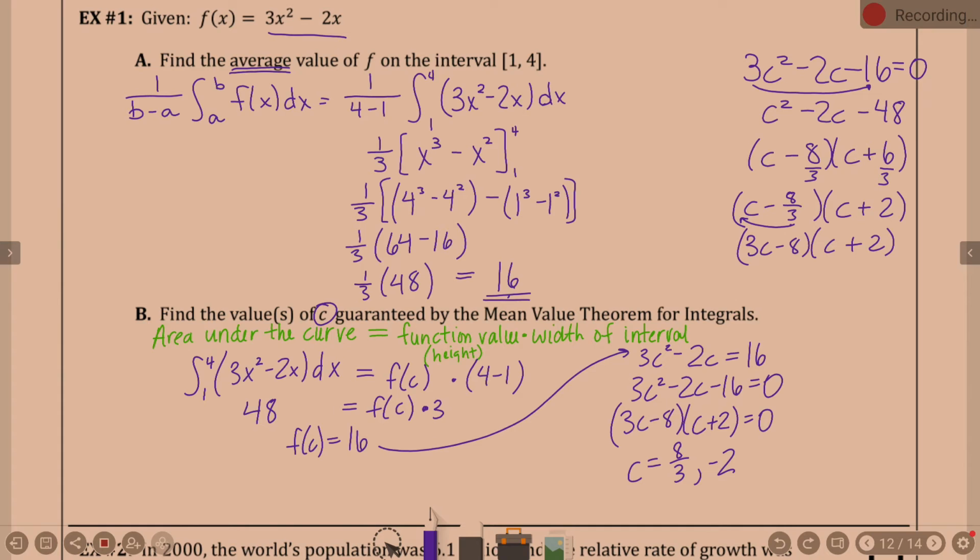What's my interval? 1 to 4. Are they both in the interval 1 to 4? -2 does not actually work because it is not in the interval. And so my only answer here is going to be the 8/3. Okay, so side note there, must be in interval.